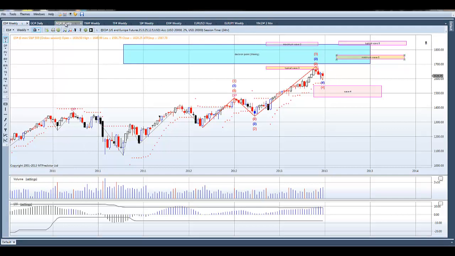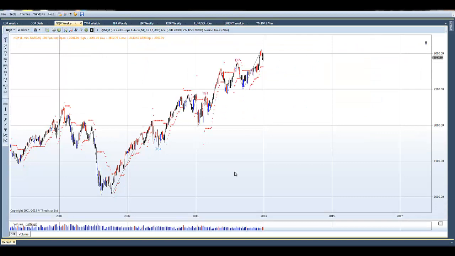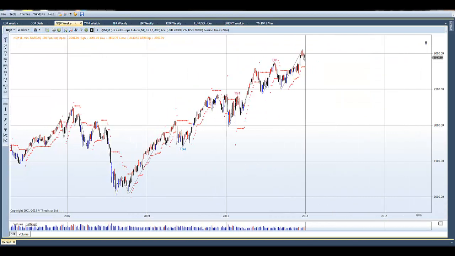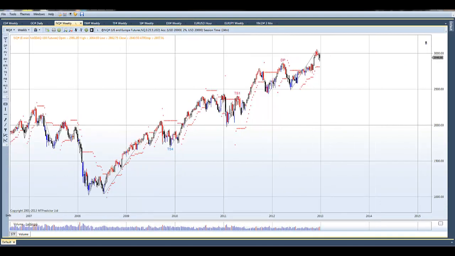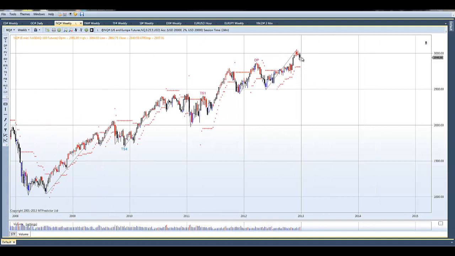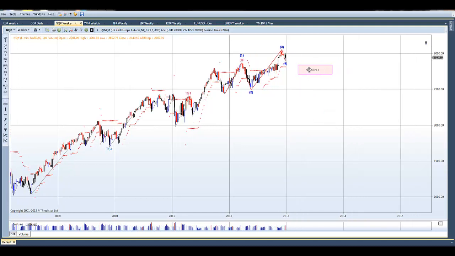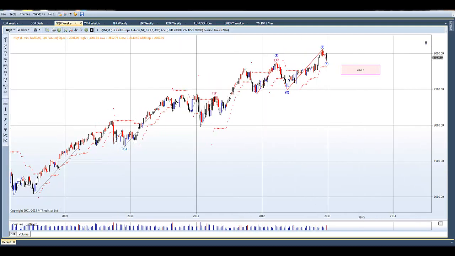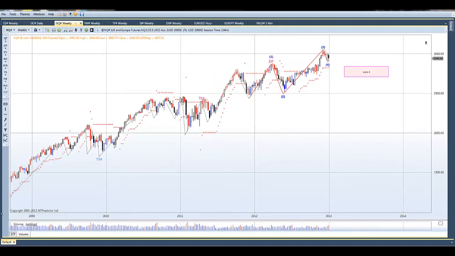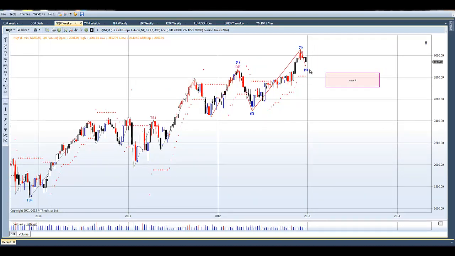Let's look at the NQ here, the pattern on the NQ. If we look at this little pullback here, it's looking like a potential wave 4 pullback. Again, it hasn't reached the actual wave 4 support area here.